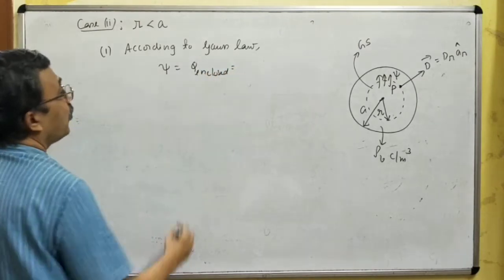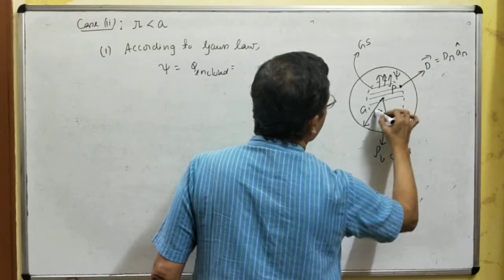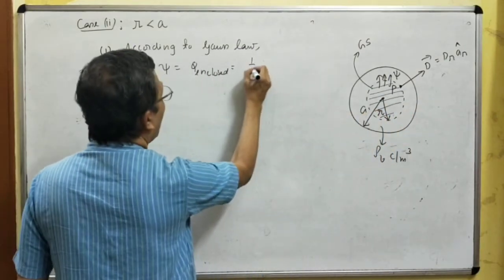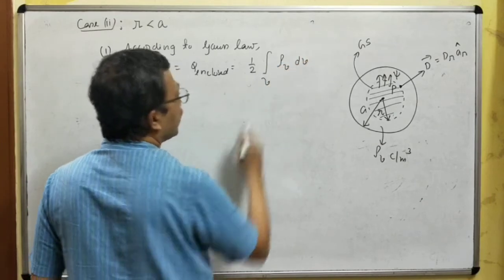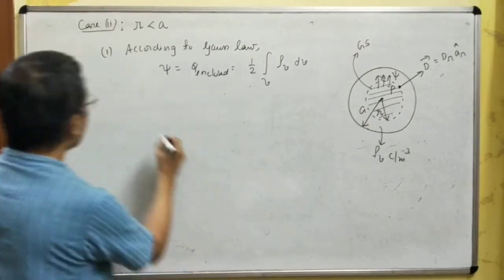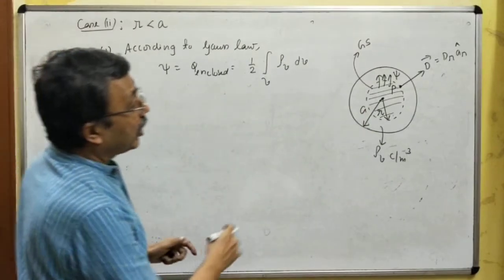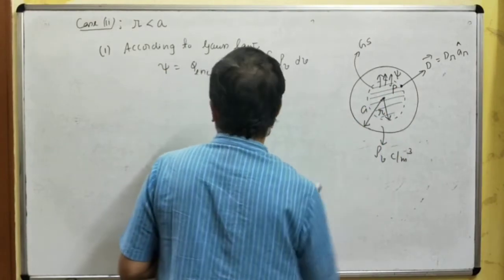Now, charge enclosed by the Gaussian surface is the charge within this volume. So, this is nothing but the volume integral of rho v dv. Now, r should vary from 0 to r. Very important, not 0 to a, because we want the charge enclosed inside this dotted sphere.